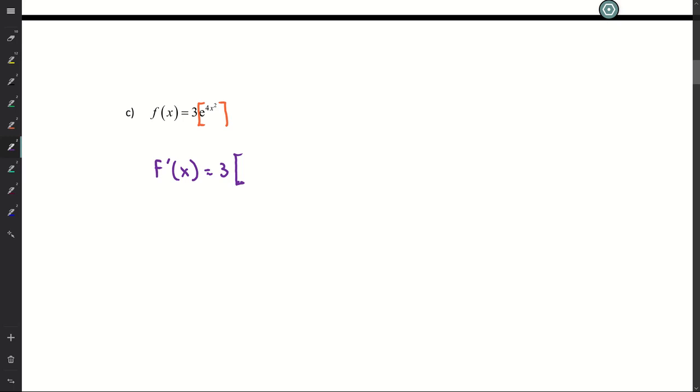To take the derivative of an exponential function, I take the natural log of its base. Well, its base is e, and I know natural log of e is 1. If you'd like to write that, you can. If not, at this point, you can leave that off. It's the exponential function itself, and then times the derivative of its exponent. On this one, the derivative of the exponent would end up being 8x.